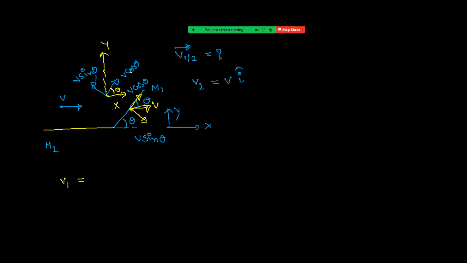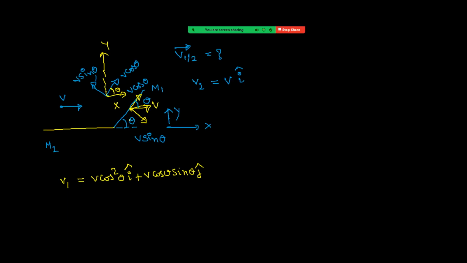That means v cos theta into cos theta, v cos square theta i cap, and for the component along the y-axis, v cos theta sin theta j cap. So I have taken for v cos theta two components, along the x-axis and along the y-axis.